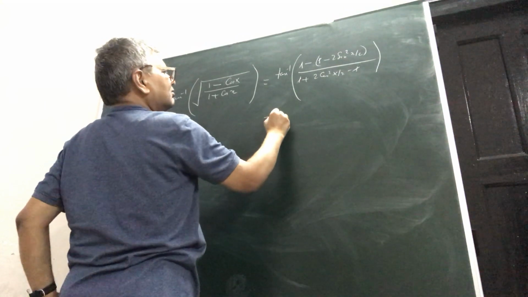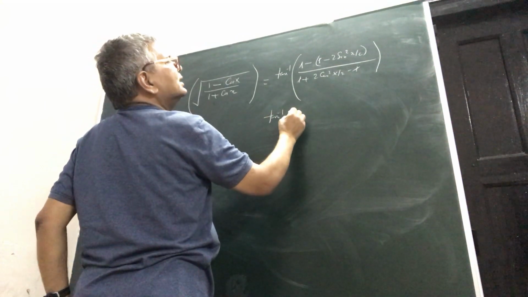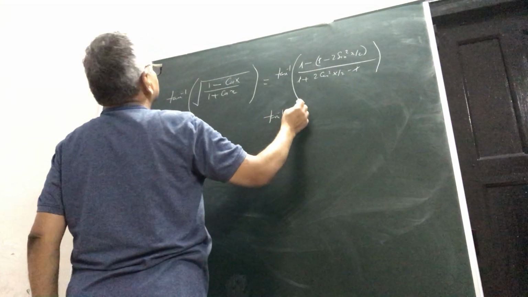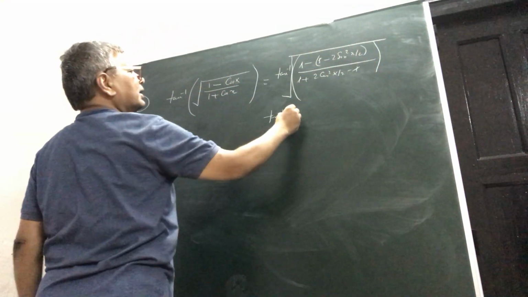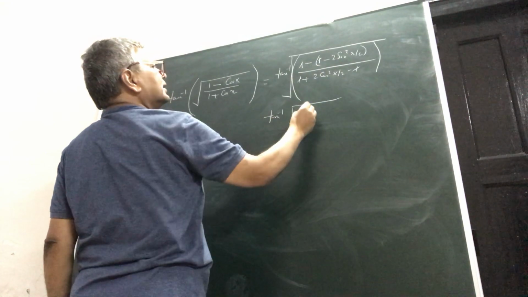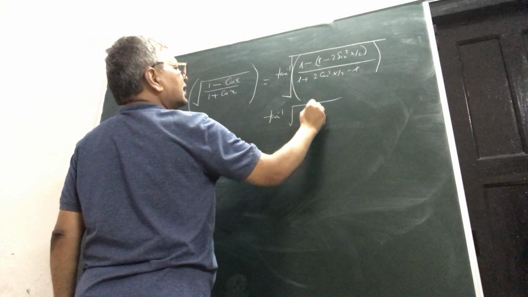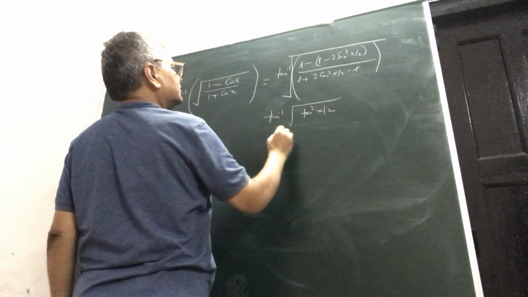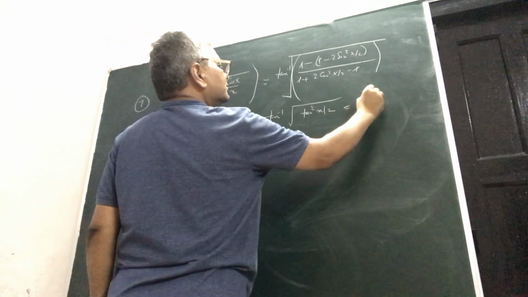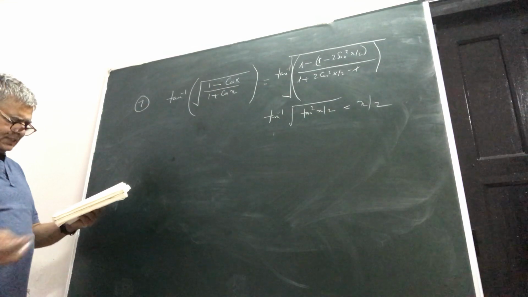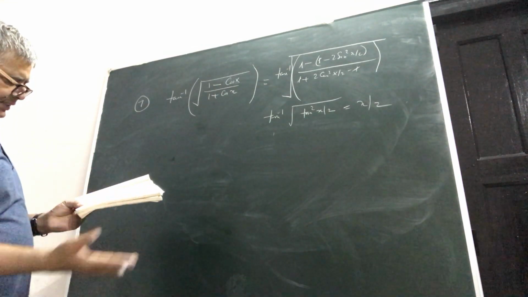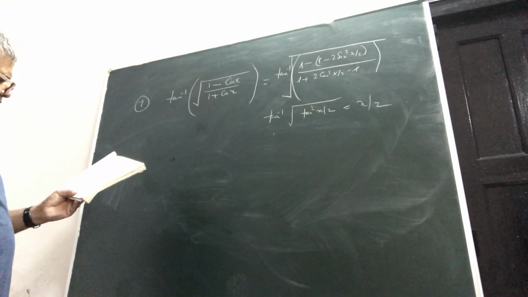So what you are effectively getting is tan inverse of the root of tan square x by 2. So it is x by 2. That's all, you have simplified it and got this result. There is hardly anything difficult, you can do it very easily.